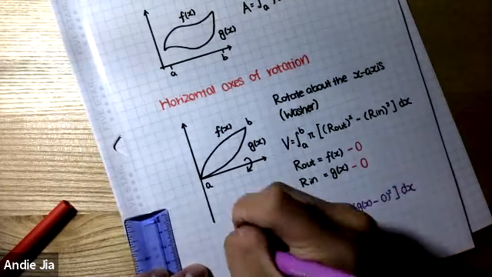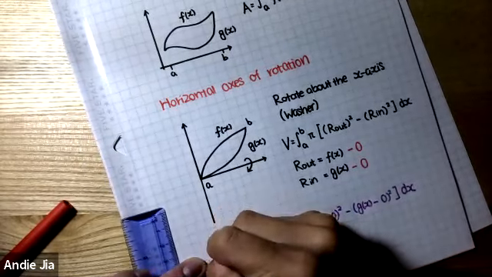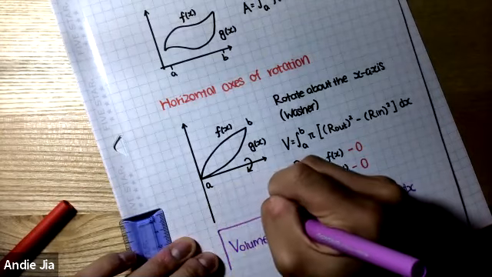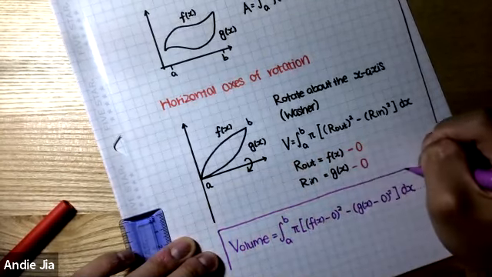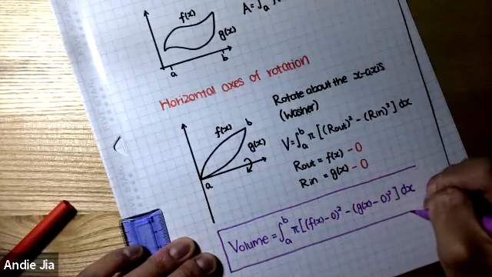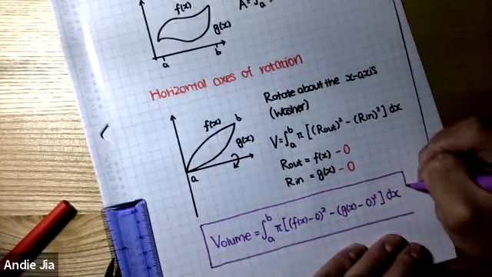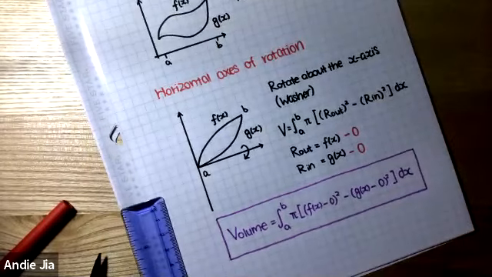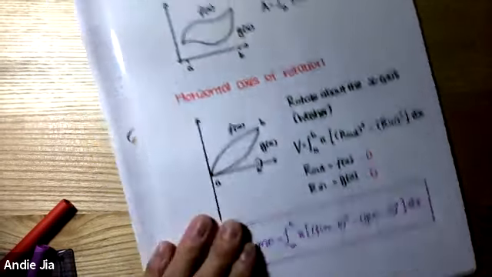This is the volume if we rotate them about the x-axis. That's how we find the volume of a region.